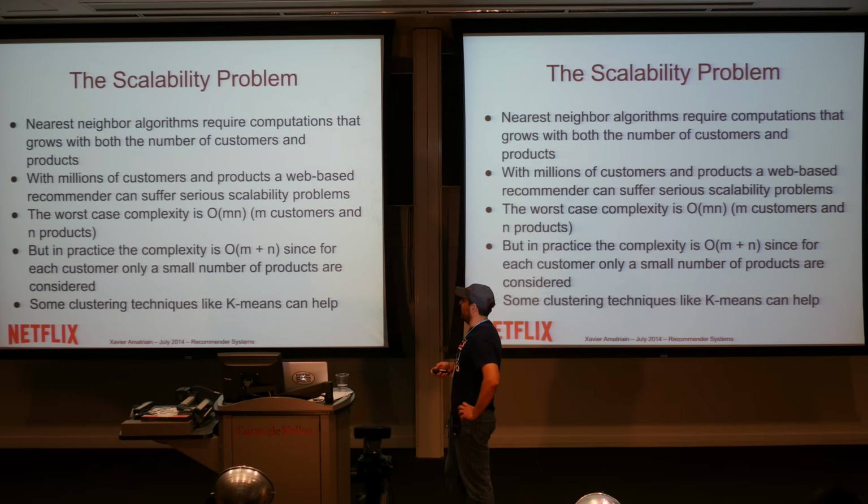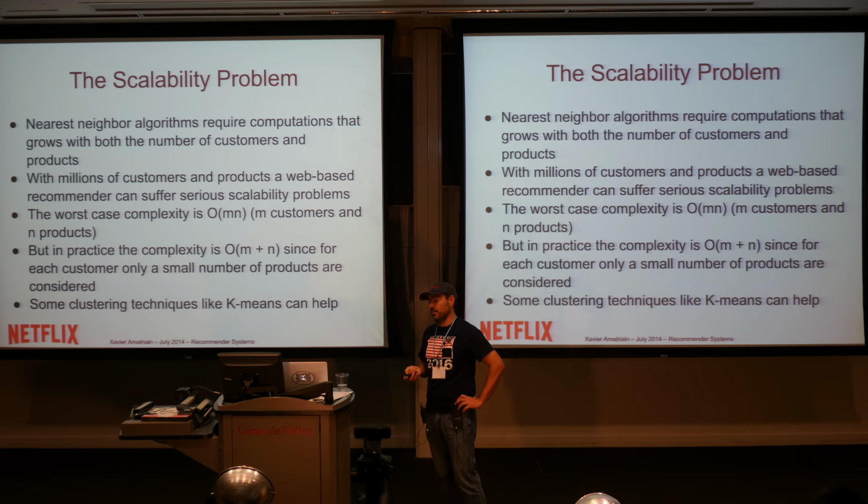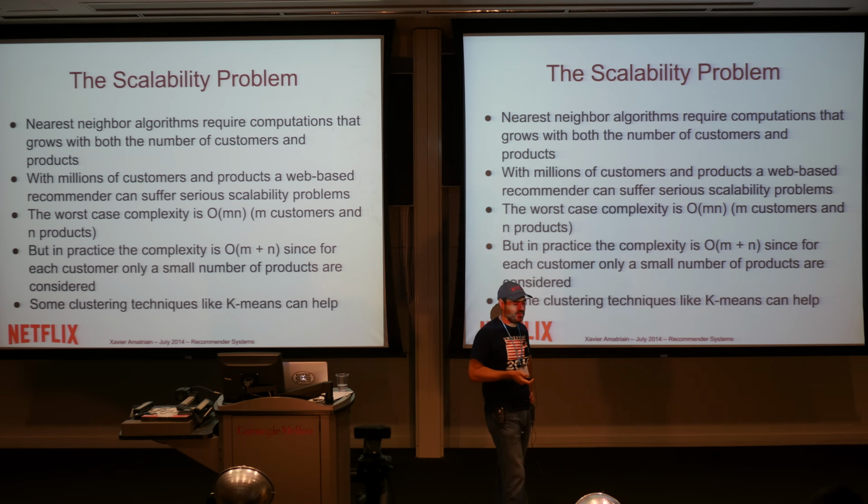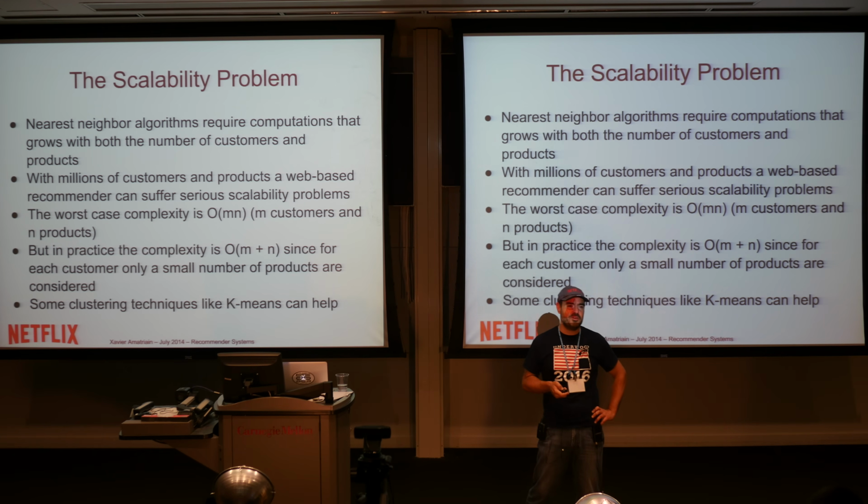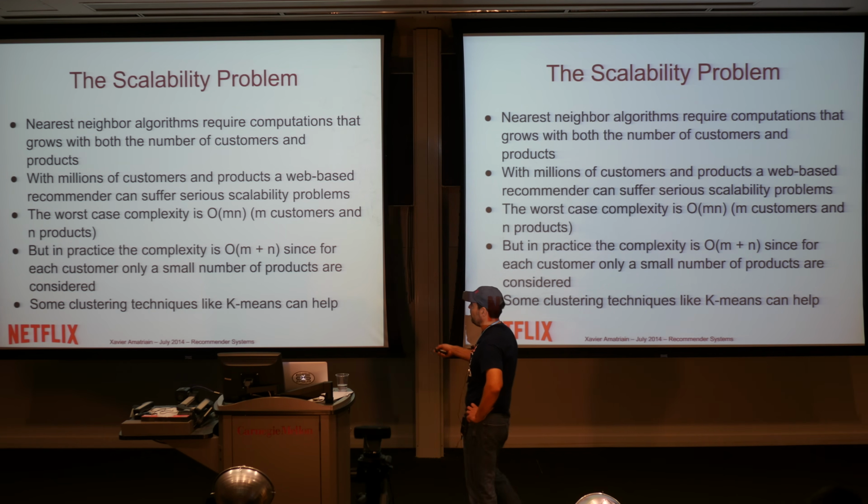Okay, the scalability, I already talked about this. It's really hard, well, not hard, it's costly to compute the similarity between all the users or all the items in your data set. So the worst case complexity is order MN, which is M customers and N products.